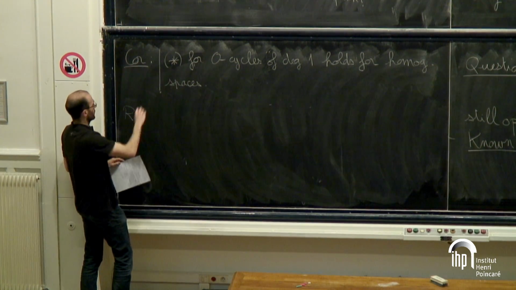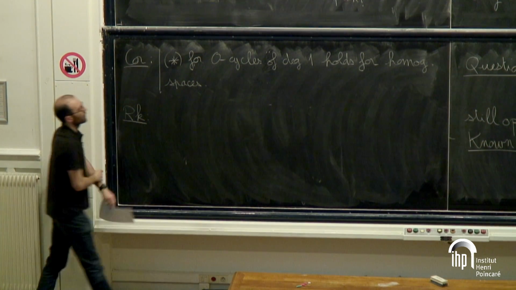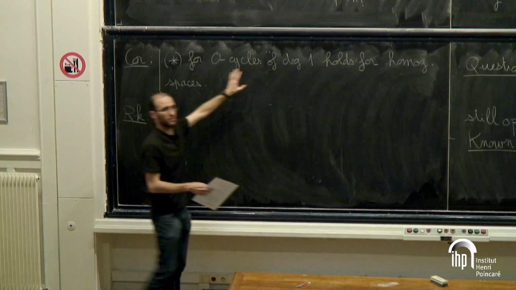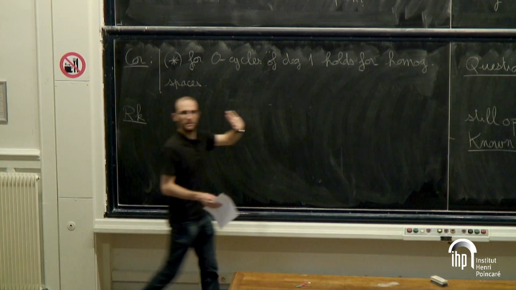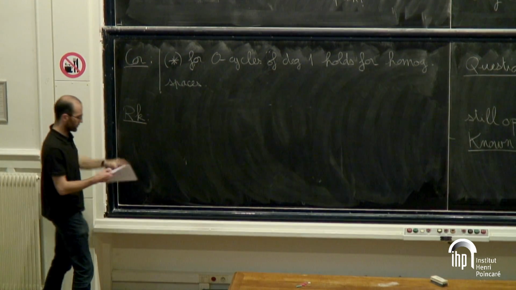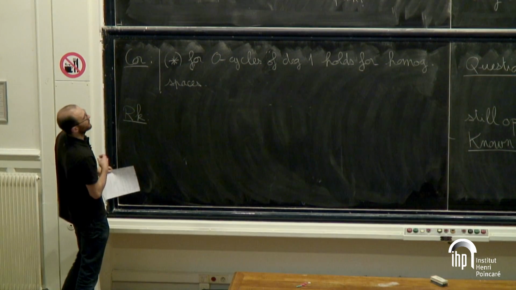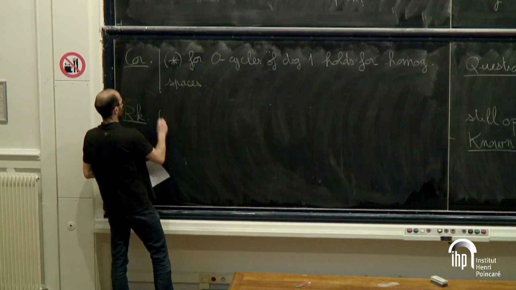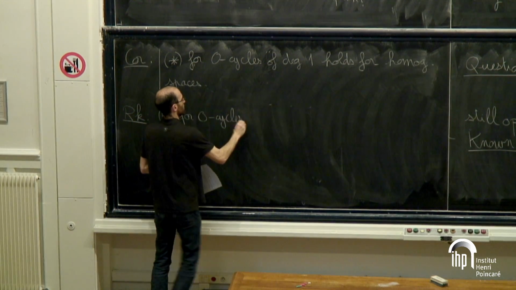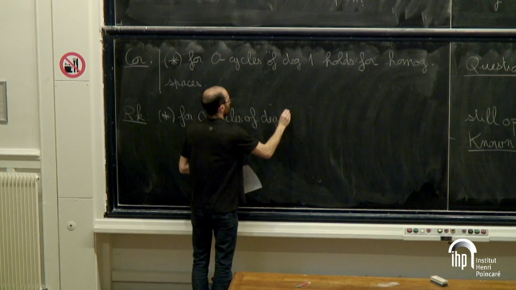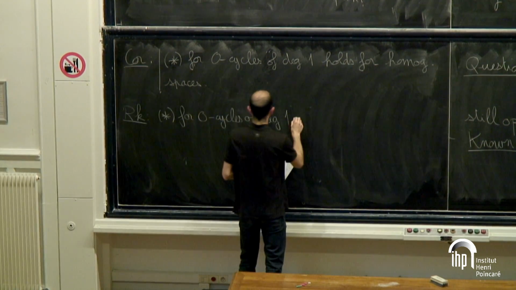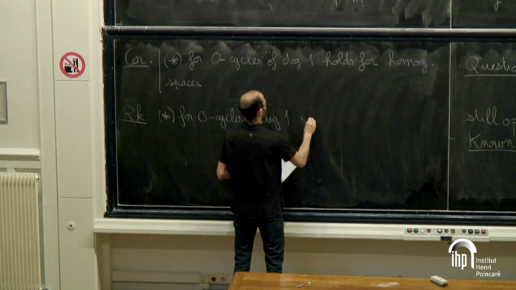So before proceeding to the ideas of proof, I want to give a precise statement of the conjecture for 0 cycles of degree 1, because I think we didn't see this conjecture for 0 cycles. Star for 0 cycles of degree 1. There are variants of this conjecture, but the one I can write now is the following.